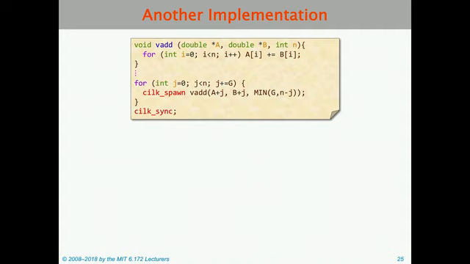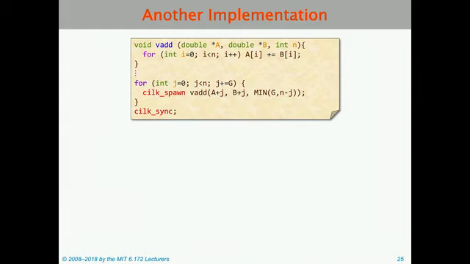So here's another implementation of the for loop to add two vectors. What this is going to use as a subroutine is an operator called vadd, which itself does just a serial vector add.